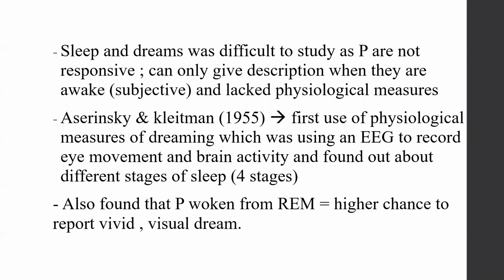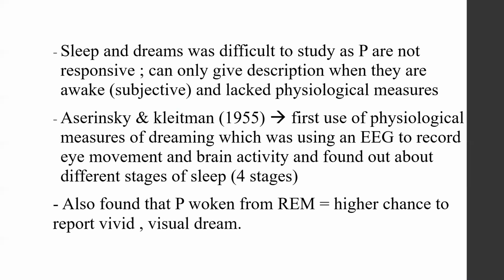Like Dement and Kleitman, they also used an EEG, electroencephalogram, to record brain activity and eye movements, and they showed that there were several stages of sleep during the night, alternating between REM and non-REM sleep. They also found that participants who were woken from REM sleep were more likely to report a vivid visual dream than when woken in other stages.